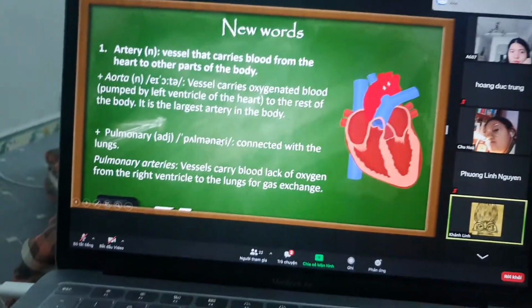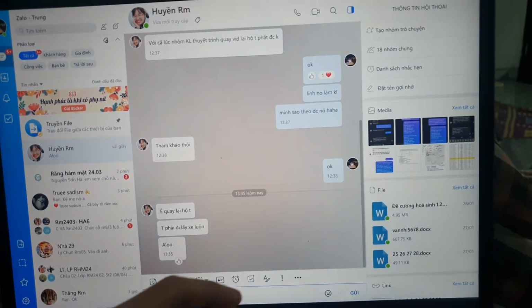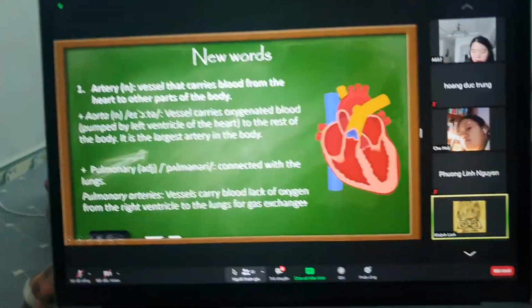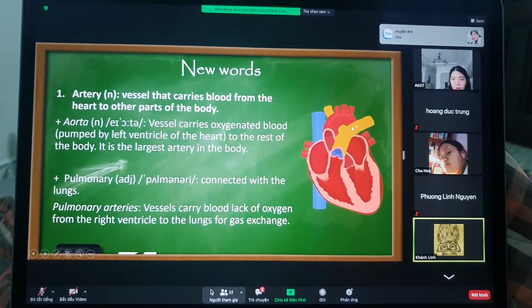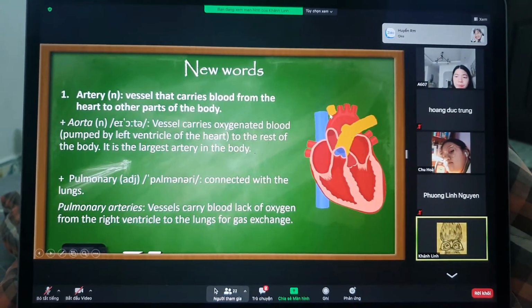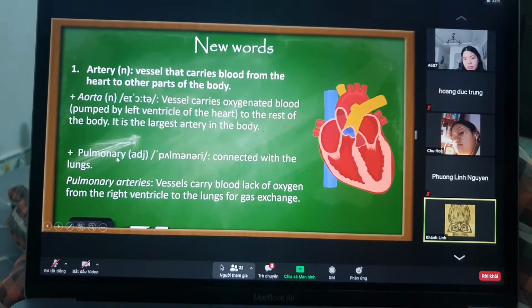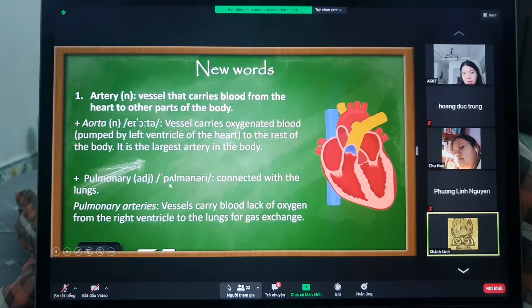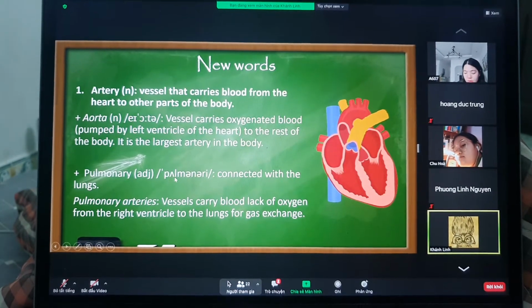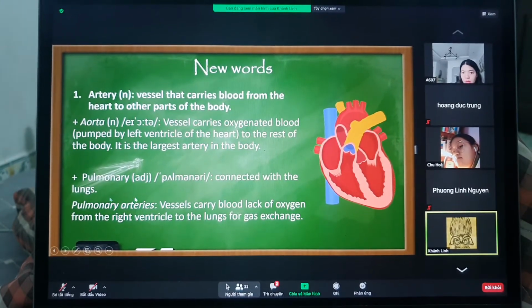Here is the aorta. And next, we will come to pulmonary arteries. Arteries here is a plural noun because we have 2 arteries here. First of all, we have to note the adjective pulmonary. The stress is on the first syllable, pulmonary. That means connected with the lungs.